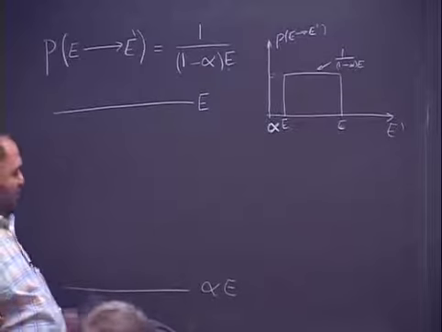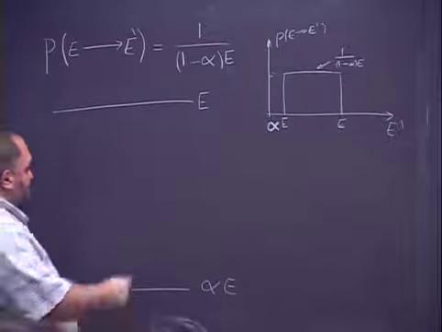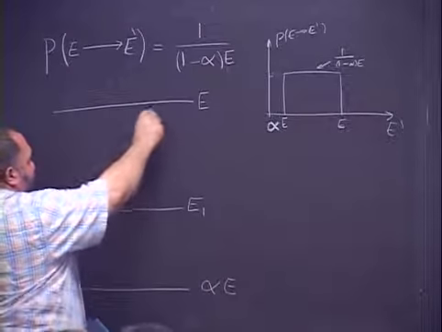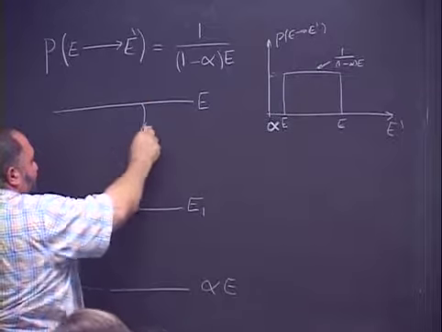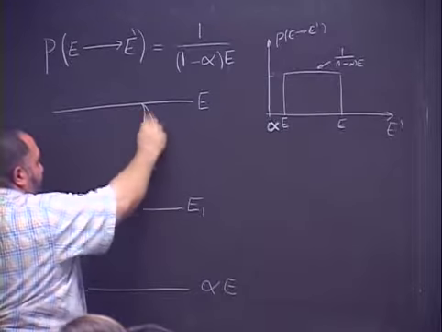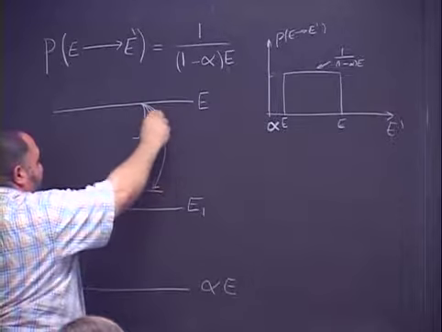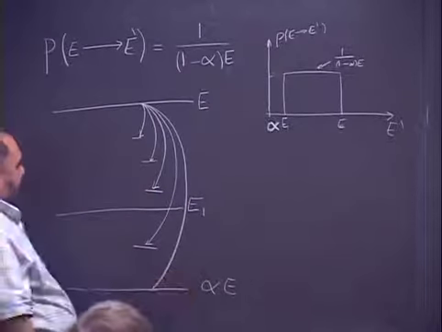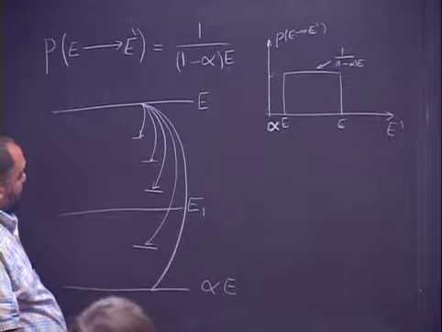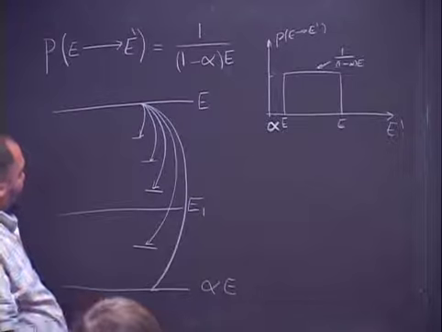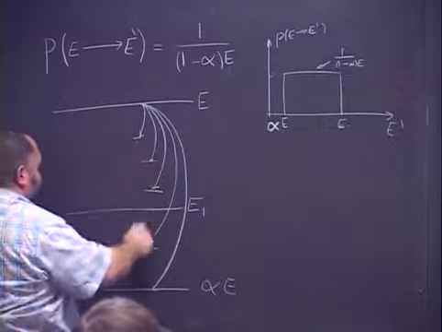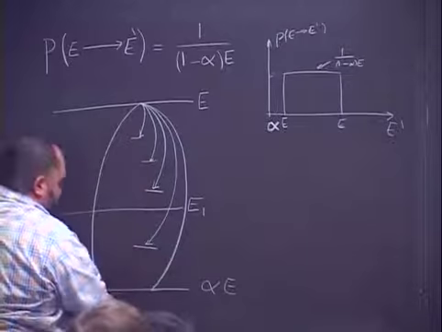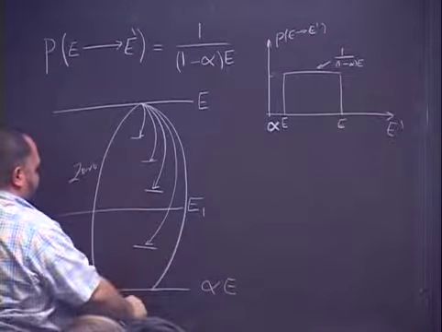You cannot go below alpha E. So if I asked you, here is an energy E1, and some of the neutrons after one collision will go up to an energy here, maybe here, maybe here, or maybe one collision will bring you directly to alpha E. So there are lots of chances that you might get to here, but you cannot go below alpha E. The probability that you go below alpha E is 0.